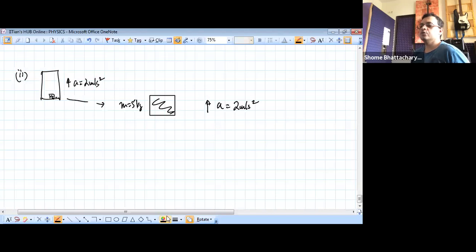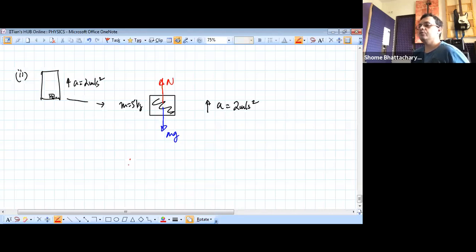And again, what are the forces acting on it? The same two forces, but this time it has to be pushed upwards. The forces are not balancing. In fact, there is imbalance. The upward force has to exceed the downward force.